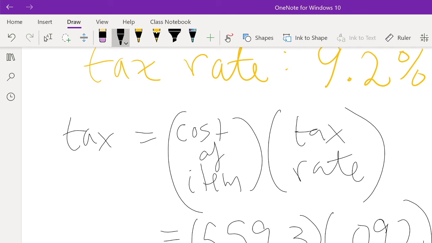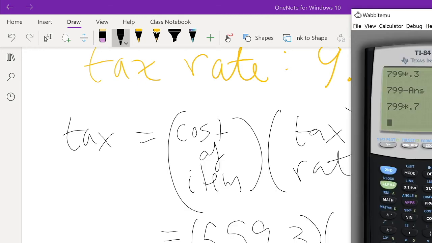All right, so bring up my calculator here again. We'll have 559.30 times 0.092, and that equals $51.46. We'll round to the nearest cent since we're dealing with money.